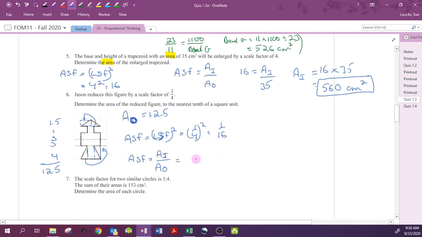So it's going to be 1 over 16 equals... no, I'm still trying to put that in the image spot. Sorry. This is the area of the image on top. And the area of the original is 12.5. So the area of the image is 12.5 divided by 16 times 1. And the area of the image is 0.078125, which rounds to 0.8.